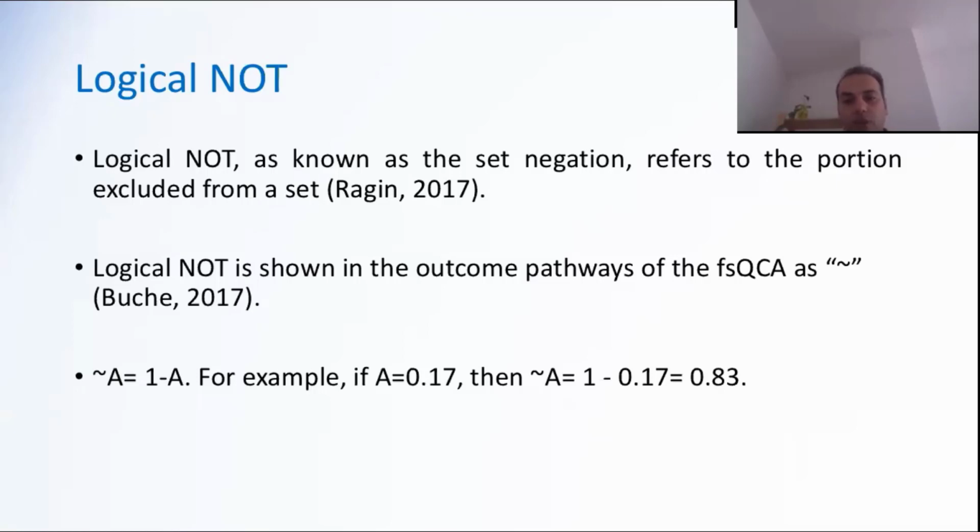I don't know what it is called, but if I want to give you an example, NOT A is 1 minus 0.17, which is 0.83. So the main application of this Boolean sign is looking at how the absence or the opposite of a set works as a condition or outcome.